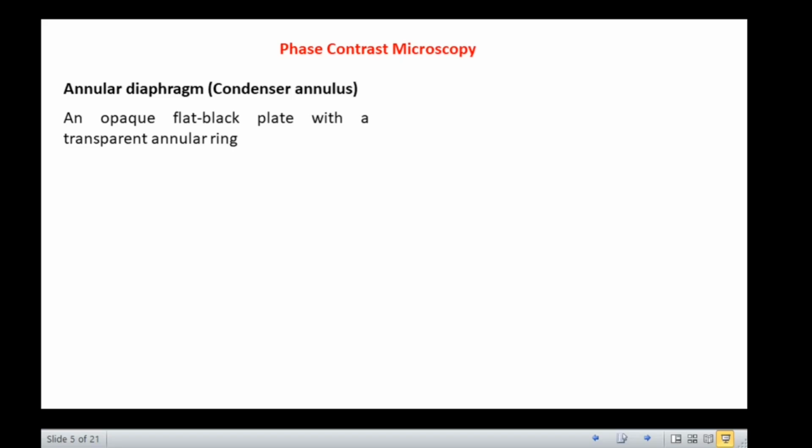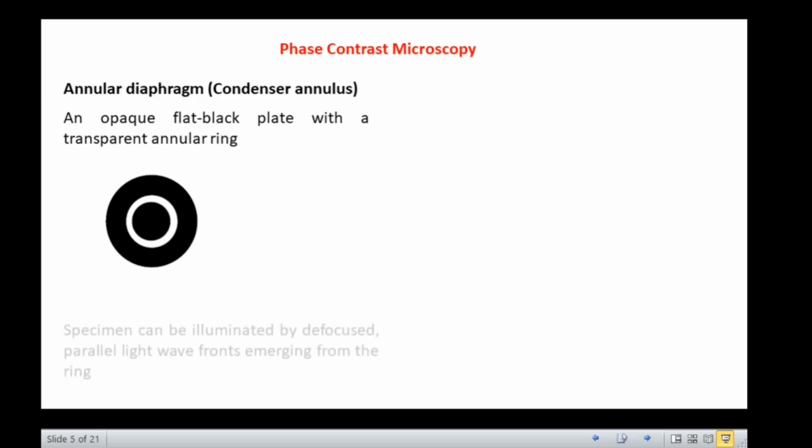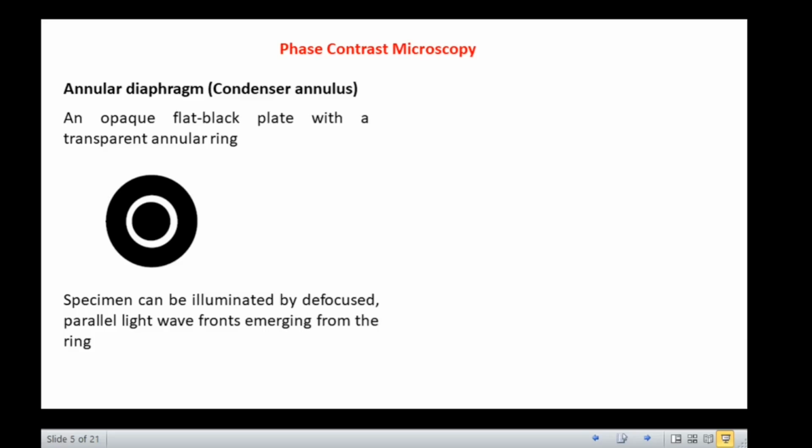The annular diaphragm is typically constructed as an opaque, flat black plate with a transparent annular ring, which is positioned in the front focal plane of the condenser so that the specimen can be illuminated by defocused parallel light wave fronts emerging from the ring.